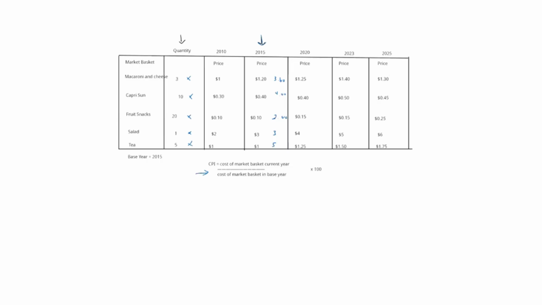So when we add down, we get 360, 760, plus 2 is 960, plus 3 is 1260, plus 5 is 1760. So we get 1760 for 2015.